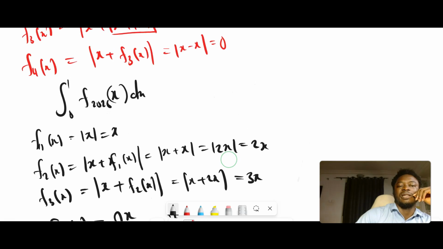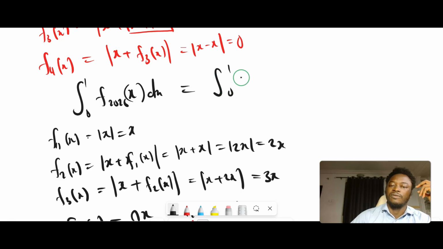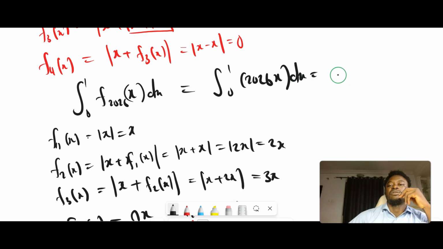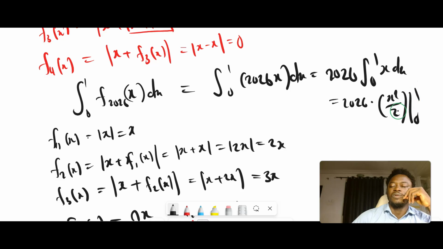So our problem now is going to equal the integral from 0 to 1 of 2026x dx, which is 2026 times x squared over 2 from 0 to 1. So basically that would be 2026 divided by 2, which is 1013.